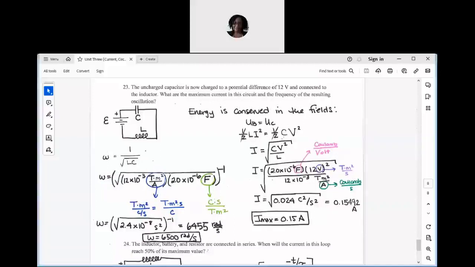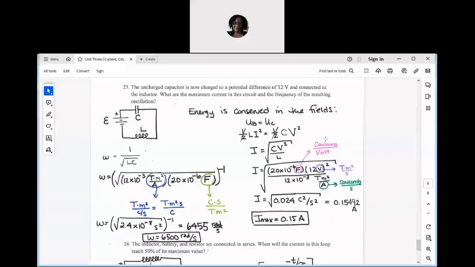The energy stored inside the electric field in the capacitor is 1/2 capacitance times potential difference squared. So we can solve for the current based on the capacitance and inductance values you have and the potential difference of the capacitor at t equals 0.